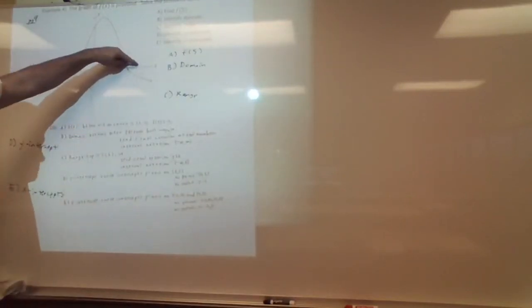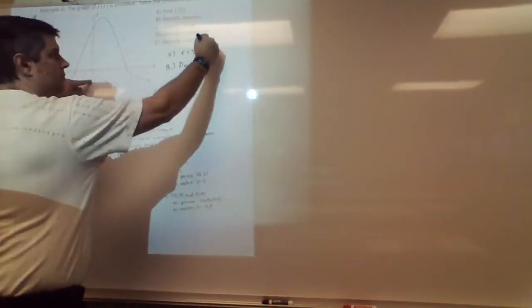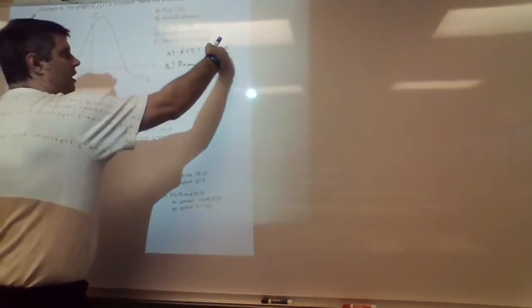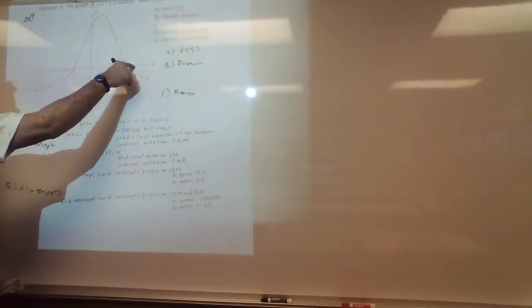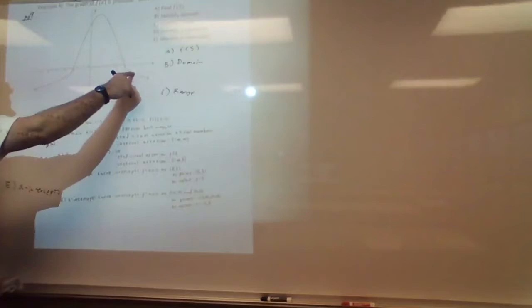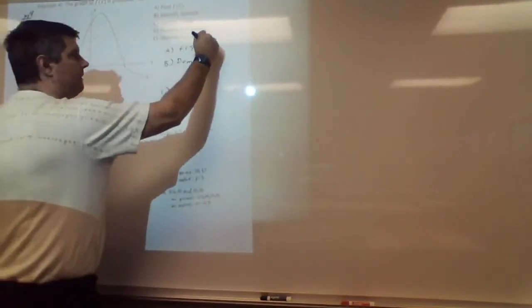So here's where x equals 5. I'm going to go down to meet the graph, and the y-coordinate is negative 1. I'll do that again. I'll go to where x equals 5 and I will either go up or down to meet the curve. It looks like it's down in this case, and the matching y is negative 1.